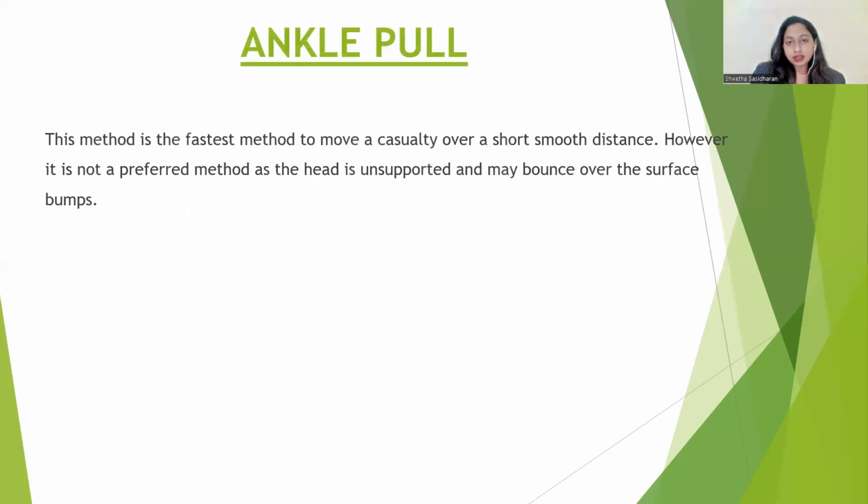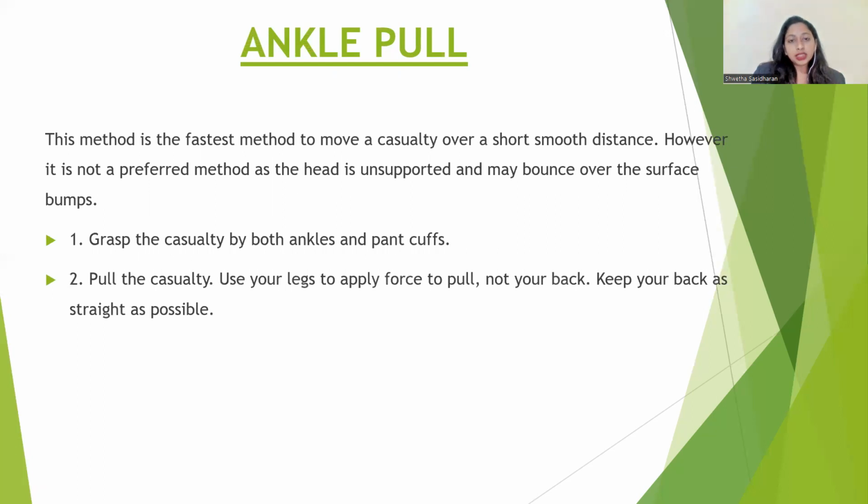This method is the fastest way to move the casualty over a short, smooth distance. However, it is not preferred if the surface is very uneven and bumpy, as it may cause the head to bump. In this method, grab the casualty by both ankles and the pant cuffs. Take both legs together and cuff them up so that you get an anchor there.